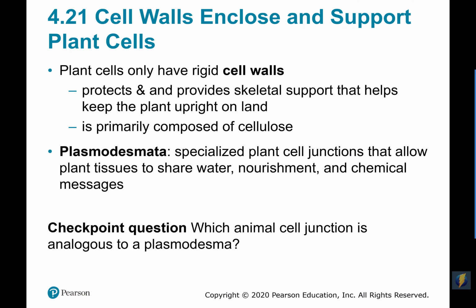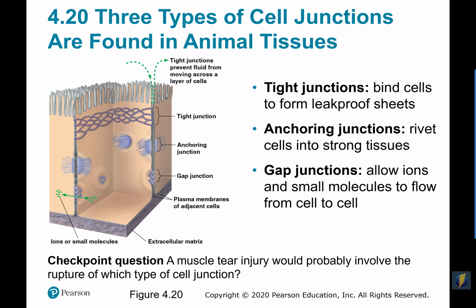Plant cells also have plasmodesmata, which are specialized junctions found only in plant cells. These allow plant cells to share water, nutrients, talk to each other, and so forth. So the plasmodesmata are most similar to which type of animal junction do you think? The anchoring junction, the tight junction, or the gap junction? Remember, here's your 3 animal cell junctions.